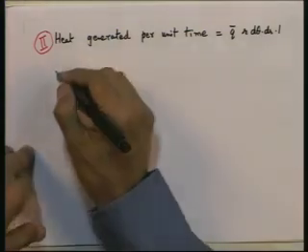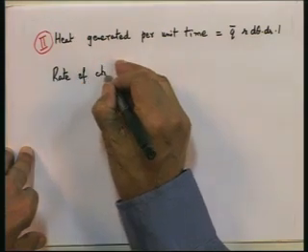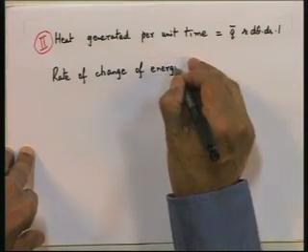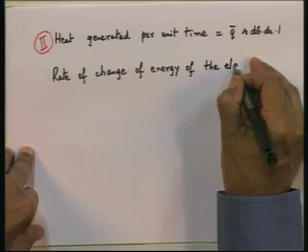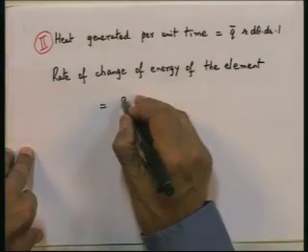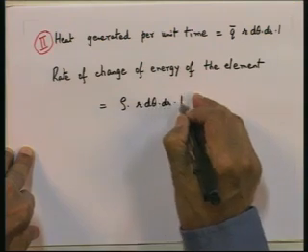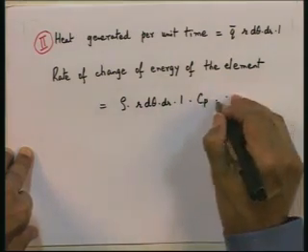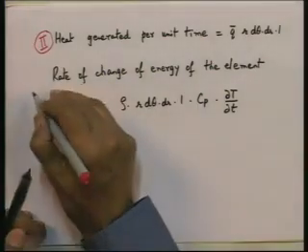And finally, the rate of change of energy of the element will be equal to the mass of the element, rho multiplied by r d theta dr into 1, that is the volume, mass of the element, into specific heat into the rate of change of temperature with respect to time, and this will be the term 3.